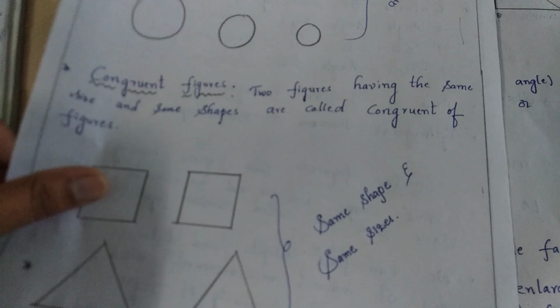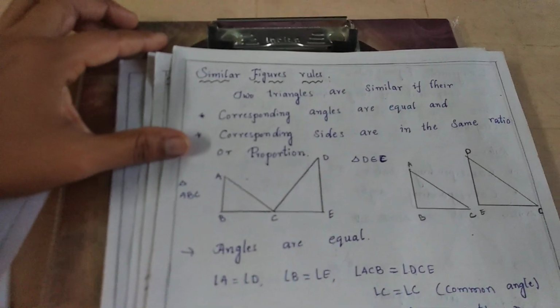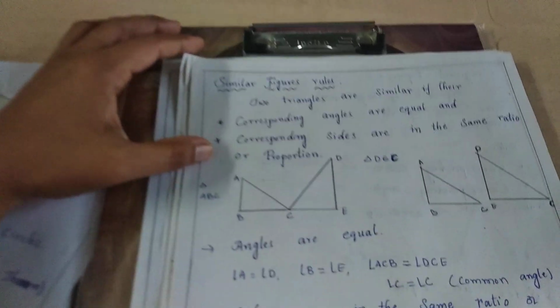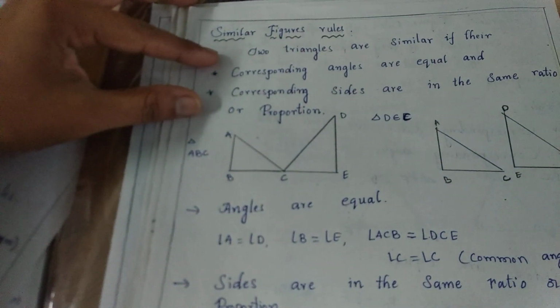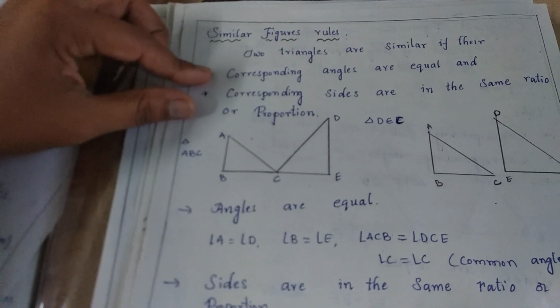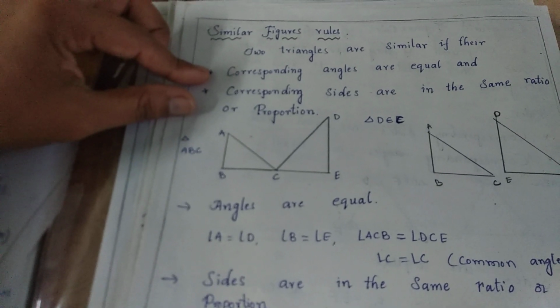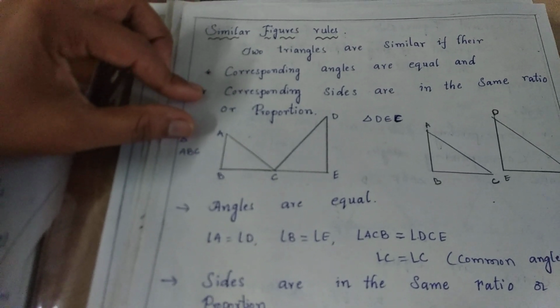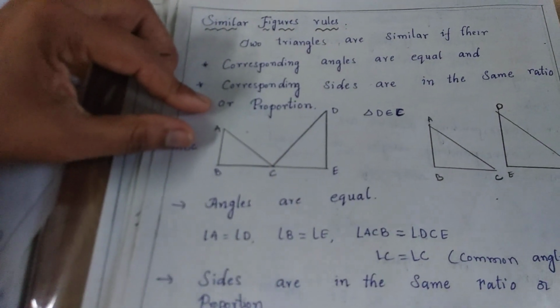Okay. Next one is rules for similar figures. Two triangles are similar if their corresponding angles are equal and corresponding sides are in the same ratio or proportion.